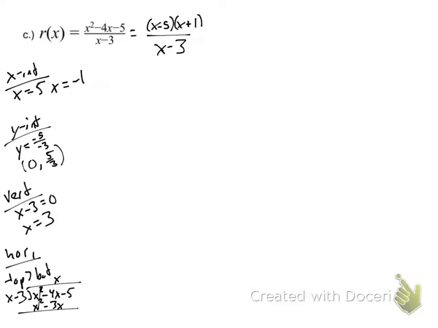Cancel them out. What does that become? Negative x minus 5. And get an x to be a negative x. Multiplied by -1. Technically, guys, you could stop right here.